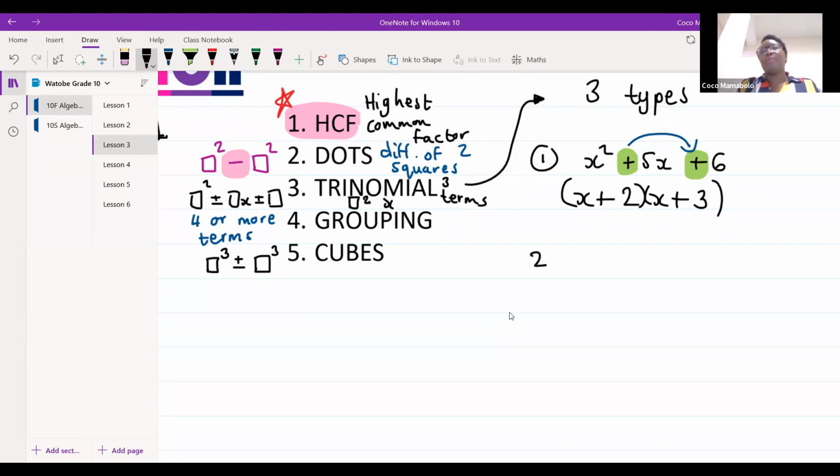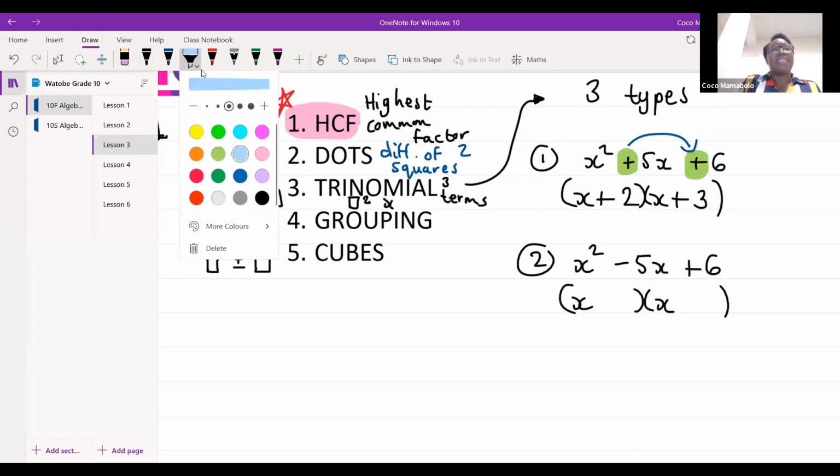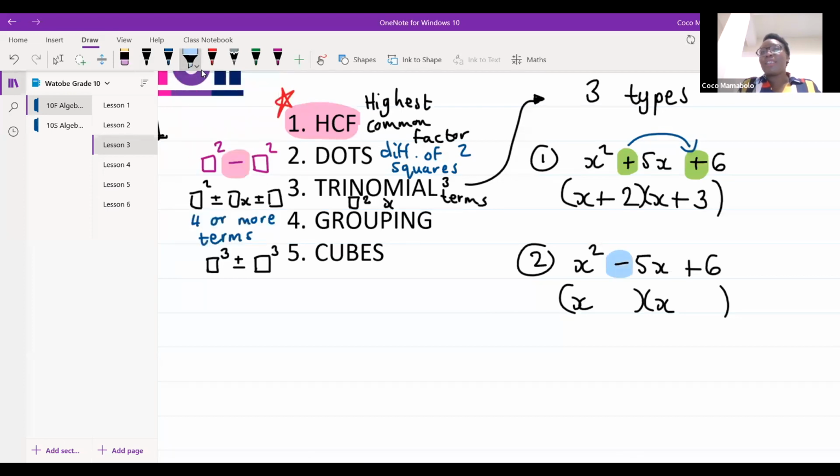The second type is if they go x squared minus 5x plus 6. It's a trinomial. First thing I'm going to do, open 2 brackets. There's no number in front of x squared, so I'm going to go x. Now, let's look at the signs, guys. I've got a negative and a positive.